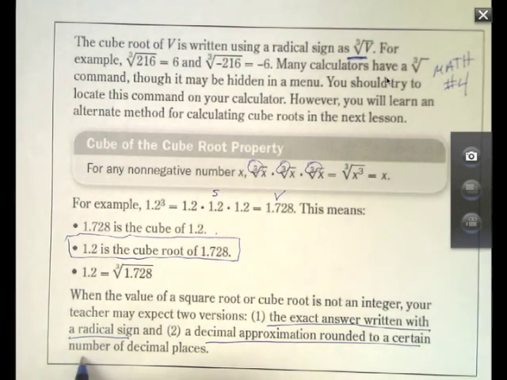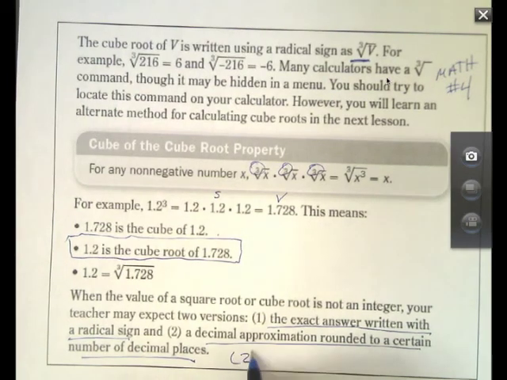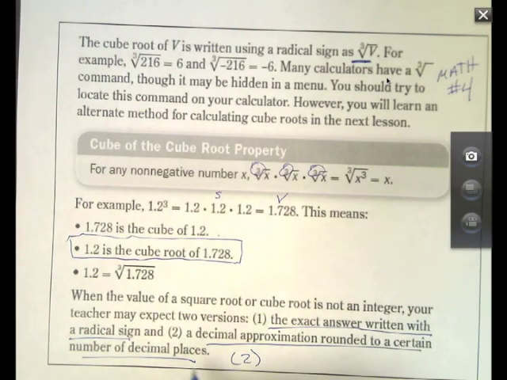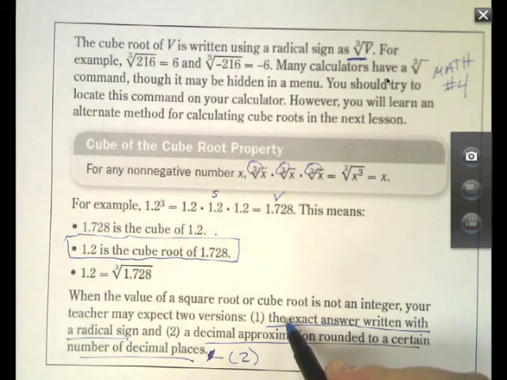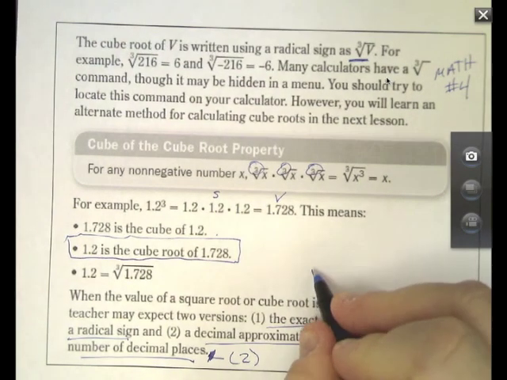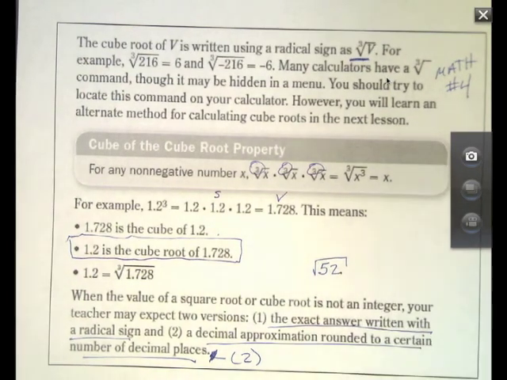When the value of the square root or the cube root is not an integer, your teacher may expect 2 versions. Okay, I showed you that. The exact answer written with the radical sign, or a decimal approximation with a certain number of decimal places. I normally want 2 decimal places. Okay? So give me the exact, I want both.